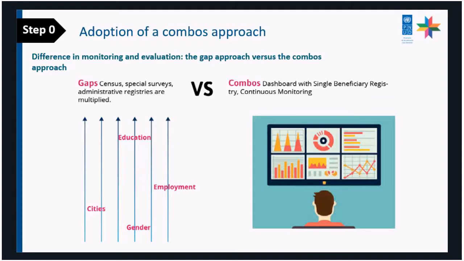Small countries like Honduras have 4 million people in a panel today. Large countries like Brazil follow 70 million people with administrative registries that are geo-referenced today. So what we think we need to do is move away from a fragmented and dispersed sector by sector household survey census approach and focus more on how to build a system that uses the power of information technologies, tablets, Android phones, iPhones, and so on, and builds a dashboard that's available not just for the government, but also for civil society to look at.